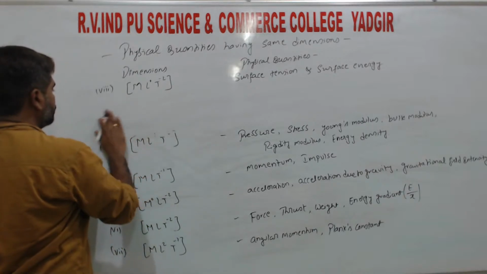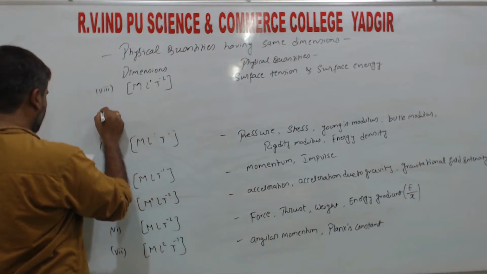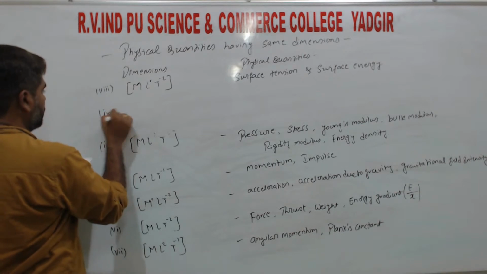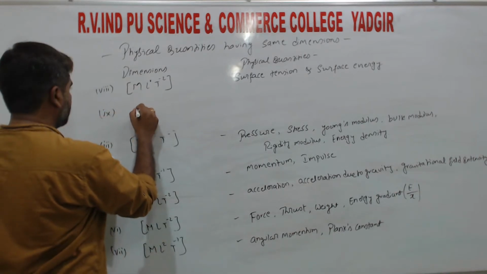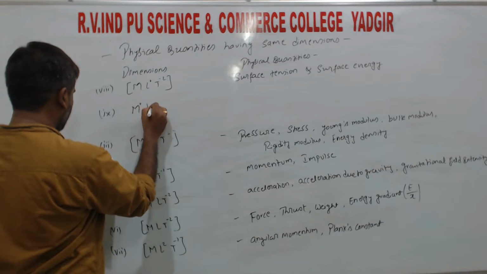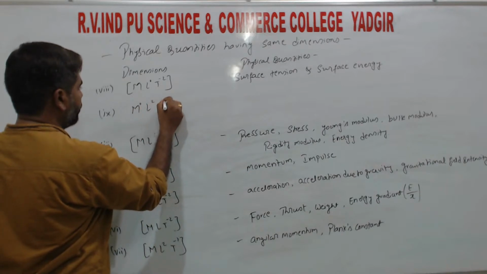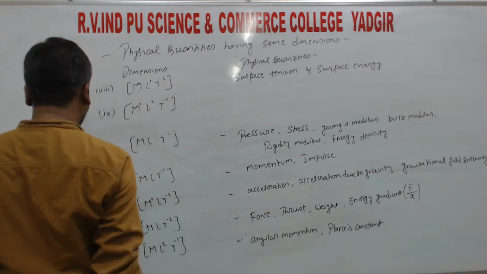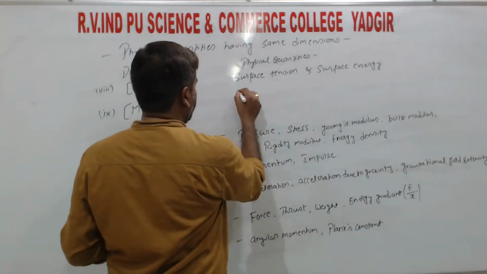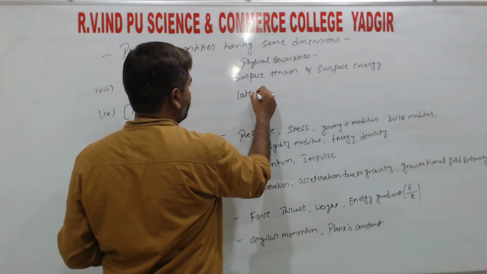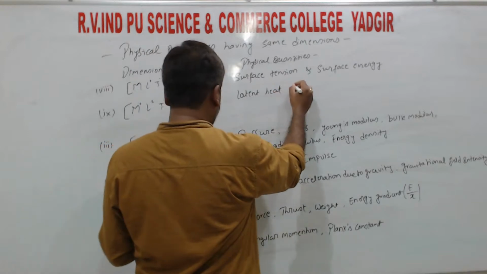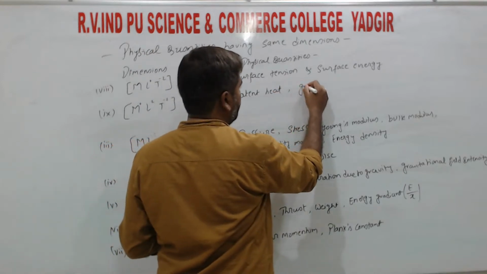So ninth is M0 L2 T power minus 2. Latent heat, gravitational potential.